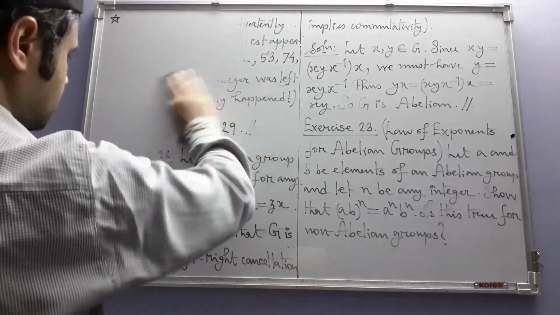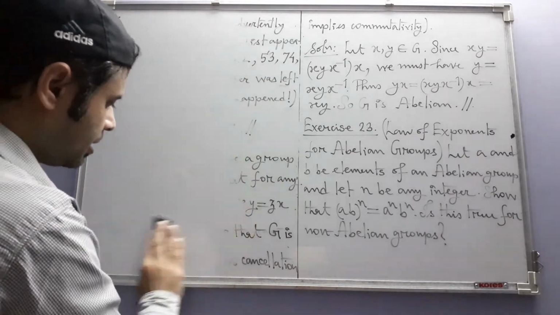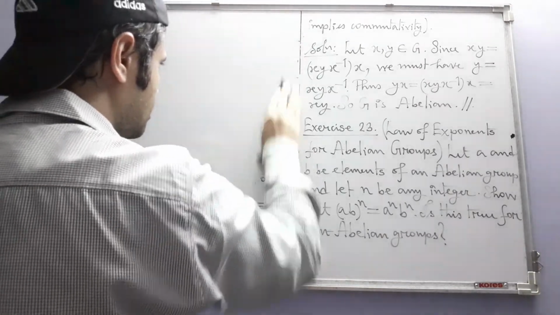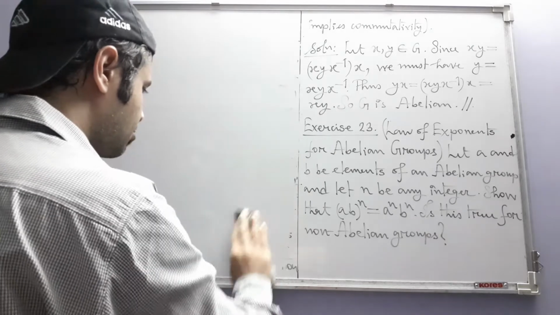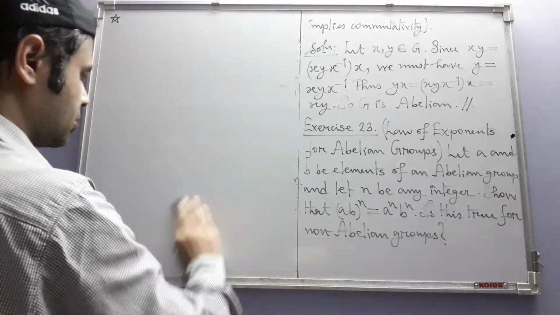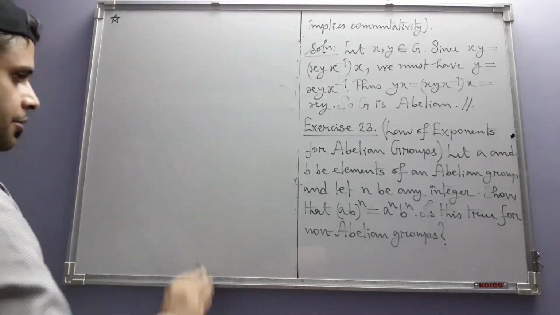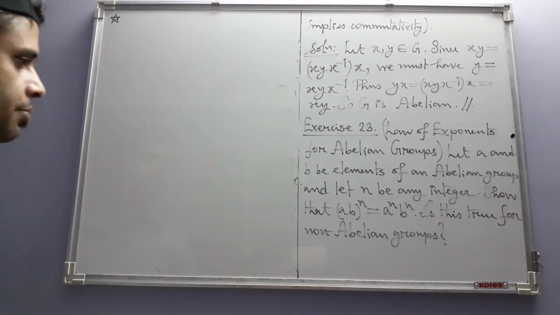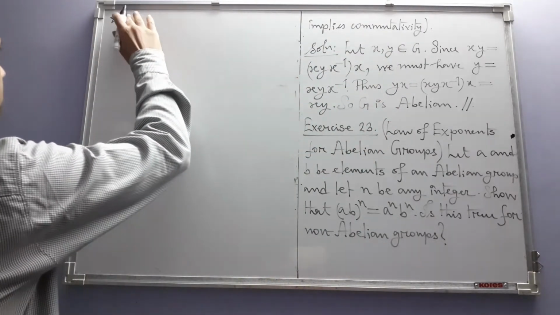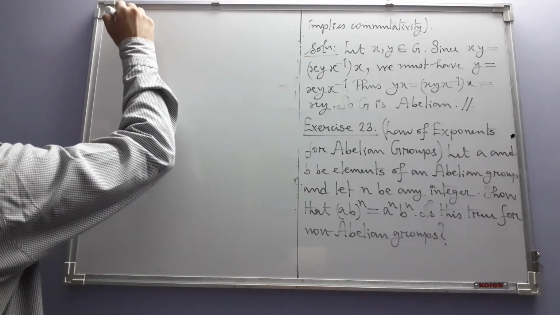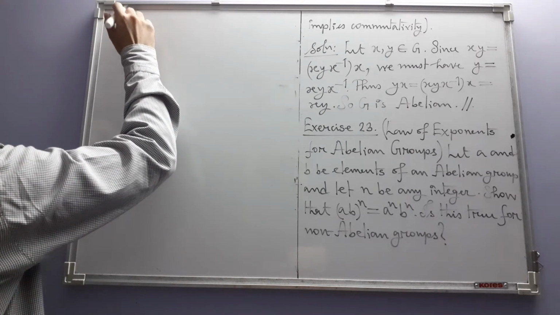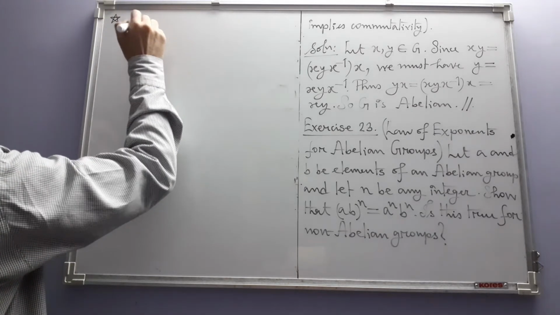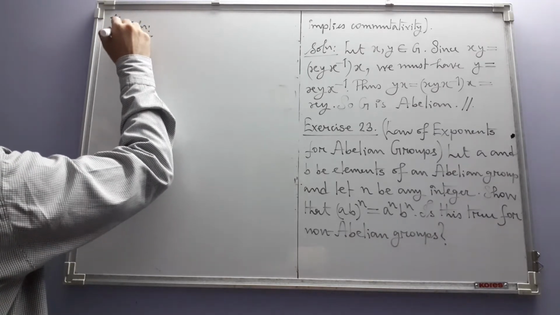Since that arbitrary integer n is involved in the claim, we can prove one part of the claim using induction, and then we can use that part to prove the other part. Let us start the solution like this. I have to first write the solution. I forgot even that.